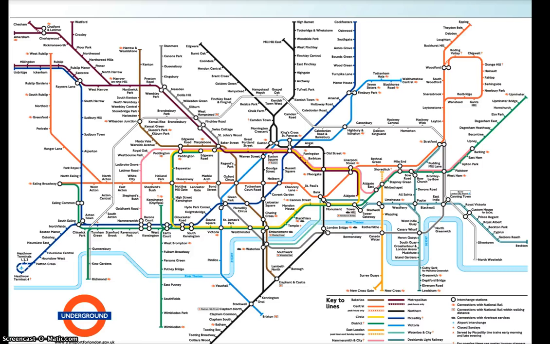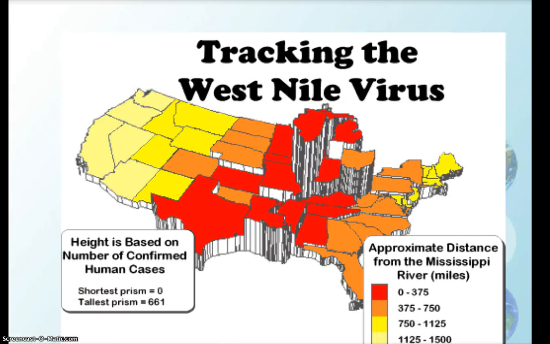It's color coded for the different tube lines, and the circles that you see are related to the different stations. You have things like the River Thames, that thick blue line that runs through there at strange right angles that has nothing to do with what's on the surface, but it's a really useful map if you're trying to just get around on the tube, but won't do you much good if you're on the surface in London.